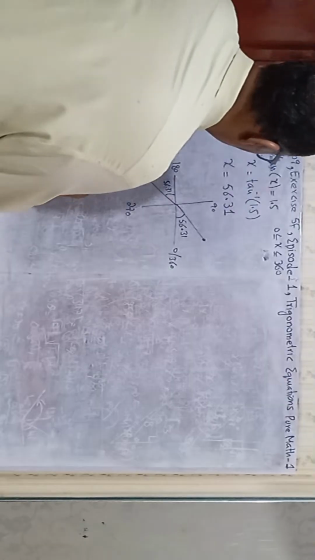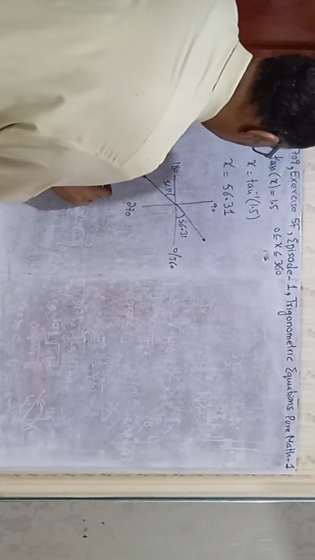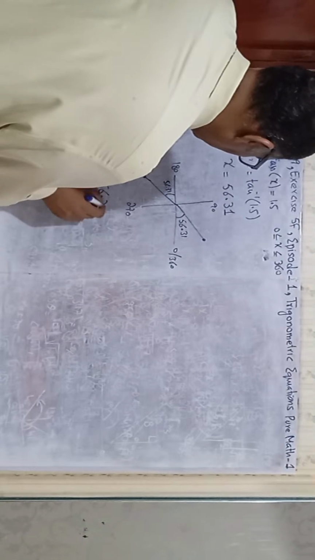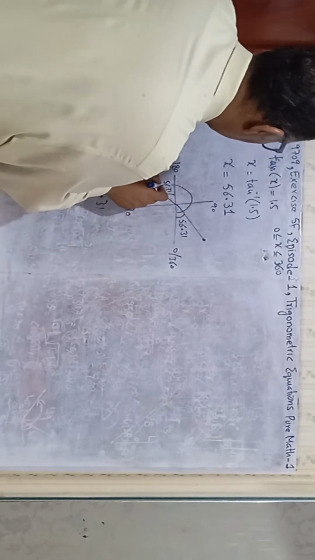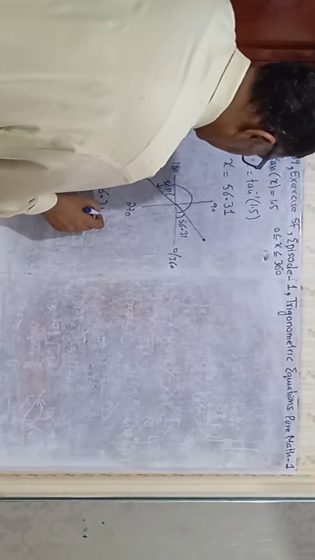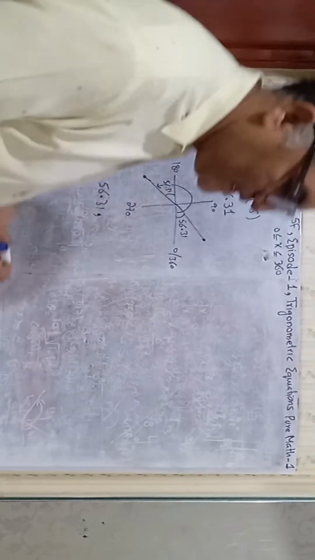So one value of x will be 56.31, this angle here. The other value will be this angle, and this angle will be 180 plus 56.31, that will be 236.31.